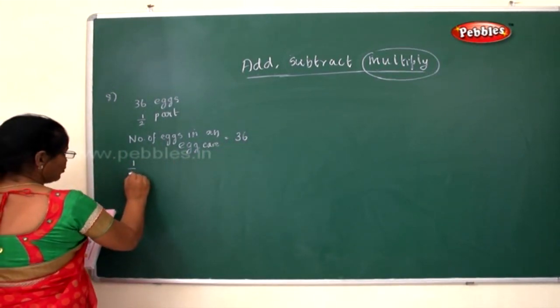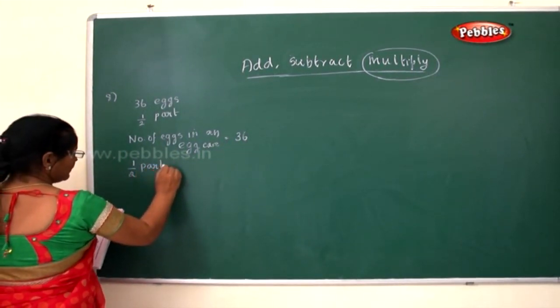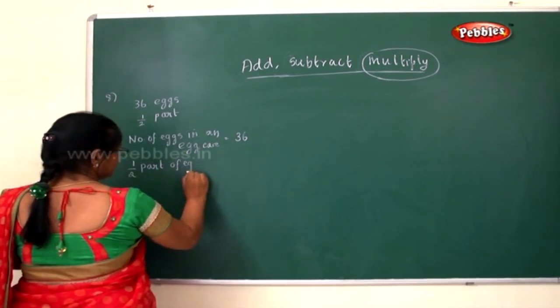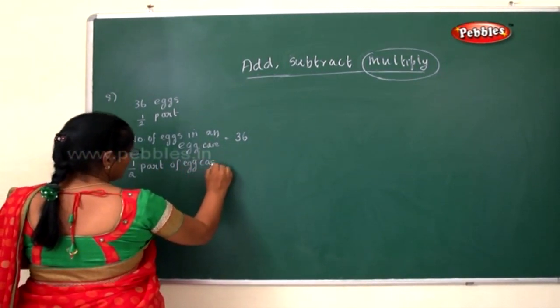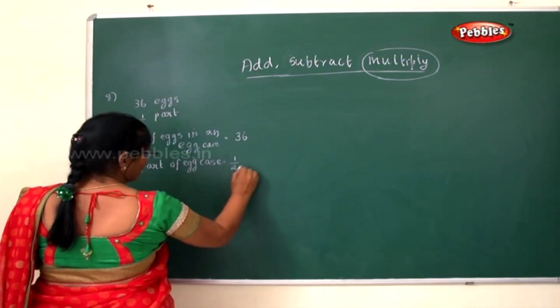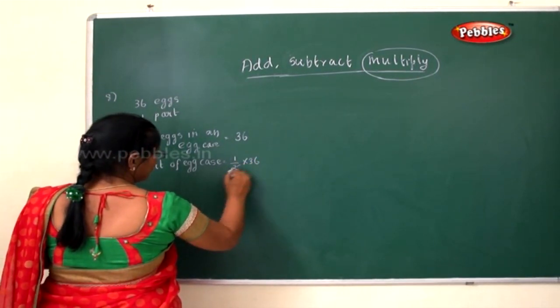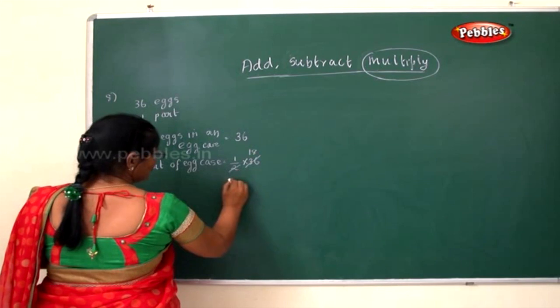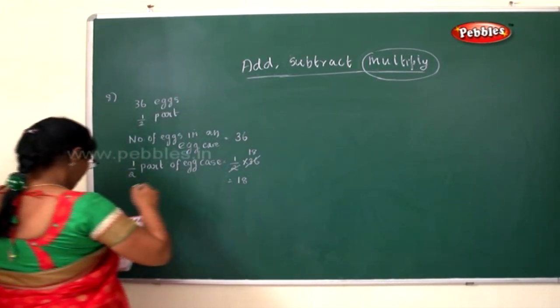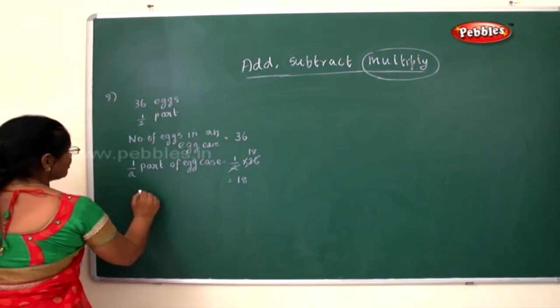In 1 by 2 part of the egg case, you have to do 1 by 2 into 36. This can be cut. It will be 18. So 18 eggs can be loaded in the case.